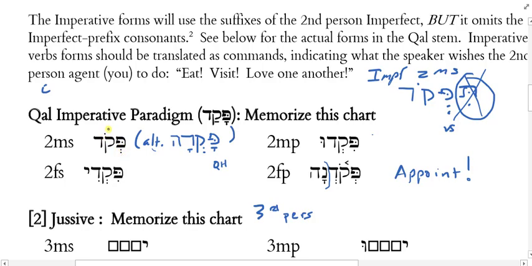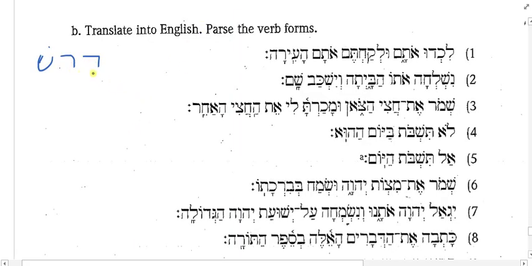Vocal shva under root 1 and holam for root 2 if it's a masculine singular. And that's what we're being asked to do. So it's going to be dalet with a vocal shva and resh with a holam. Okay? So derosh. Derosh. So that's telling you, singular, masculine, seek. Okay? So derosh.